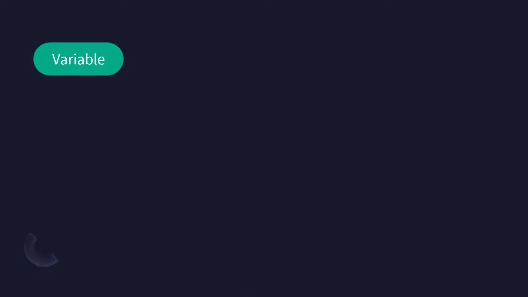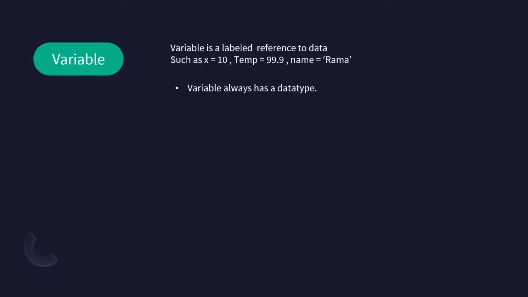Variable is a label reference to data, such as x equals 10, temp equals 99.9, name equals Rama. Each variable has a data type. If x equals 10, then x is an integer type. temp equals 99.9, then temp is obviously float type.